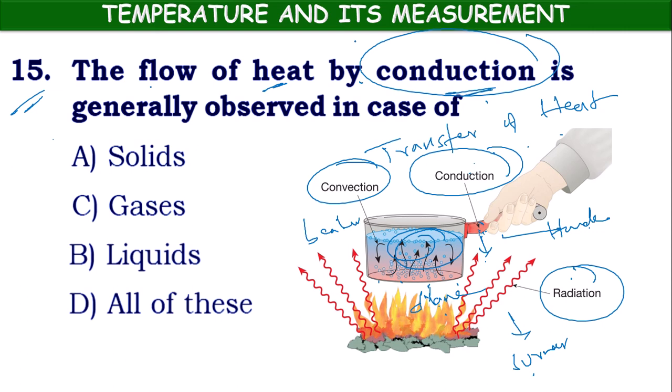So here, the handle is actually a solid. Conduction means the heat transfer without any movement of molecules. That type of heat transfer is called conduction. This conduction we can mainly observe in solids. So the question is, the heat by conduction is observed in, the answer is solids.